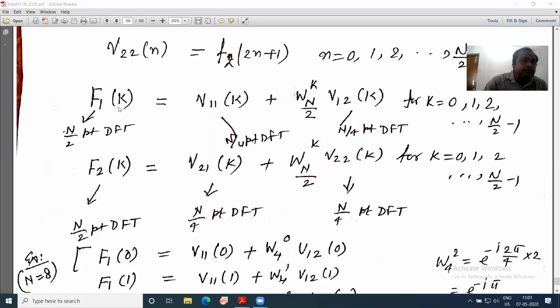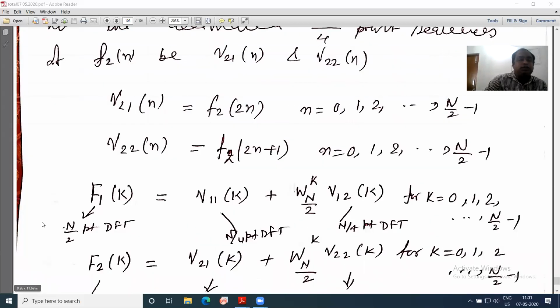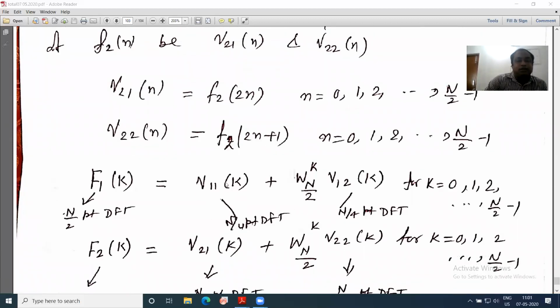I have combined this 2 point DFT and this 2 point DFT, that is v11 of k, v12 of k, and I have got a 4 point DFT. And v22 of k and v21 of k, if I combine, I will get f2 of k, a 4 point DFT. Agreed?